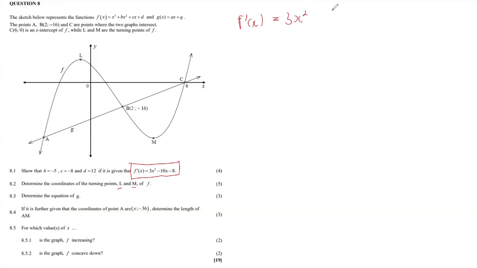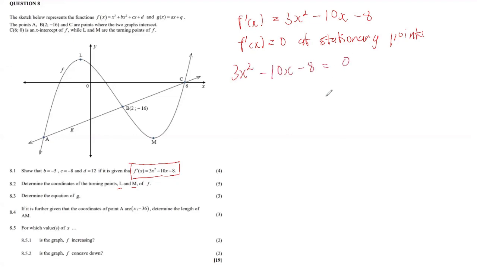That's 3x squared minus 10x minus 8. Now we know that f prime of x should be equal to 0 at the stationary points. So at stationary points, we know that our derivative function is equated to 0, right? So we take this equation, 3x squared minus 10x minus 8, and equate it to 0.